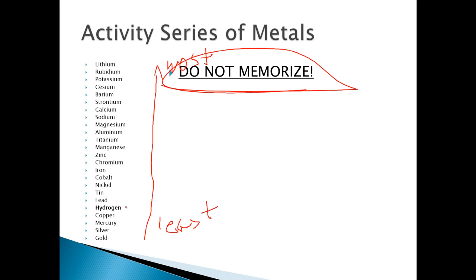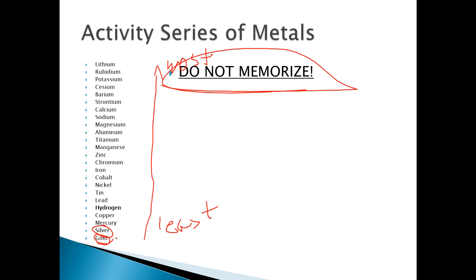Okay. These are all metals, you'll notice, except hydrogen is bolded because hydrogen is kind of in between. And look, here's an easy way to think about this. Gold and silver. We use these in jewelry. Why do you think we use gold and silver in jewelry? And remember, we're going least to most reactive. Well, it's quite simple.